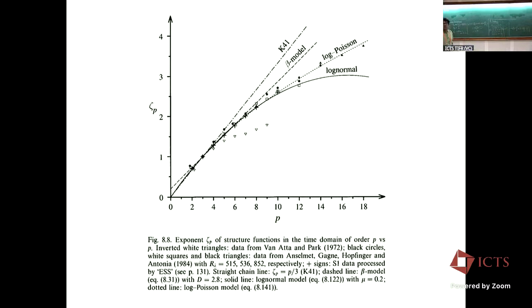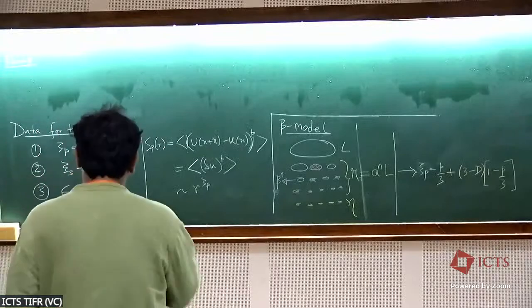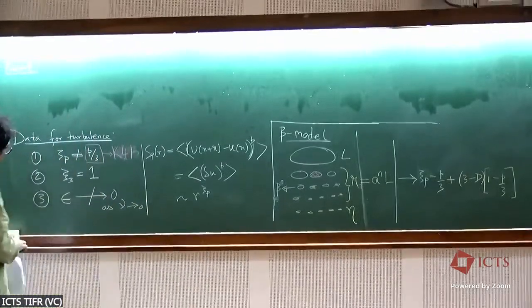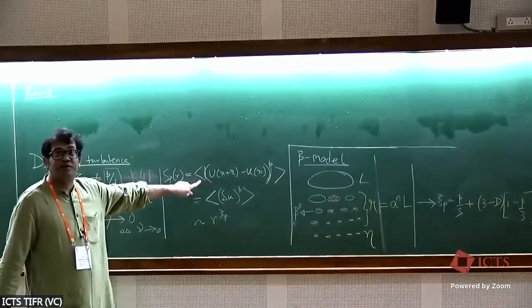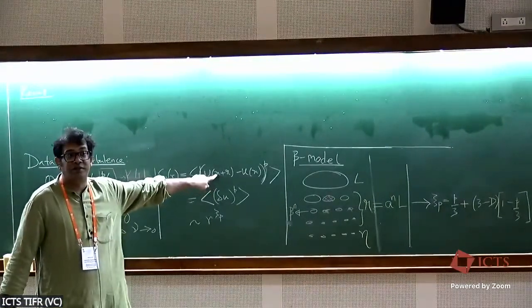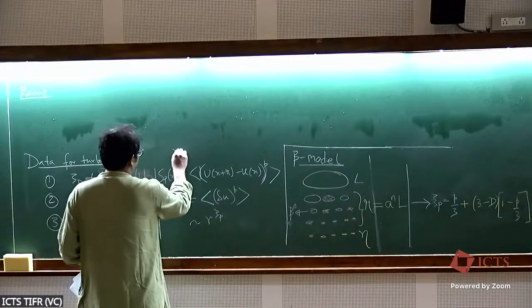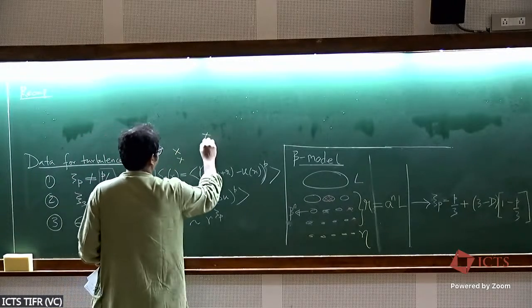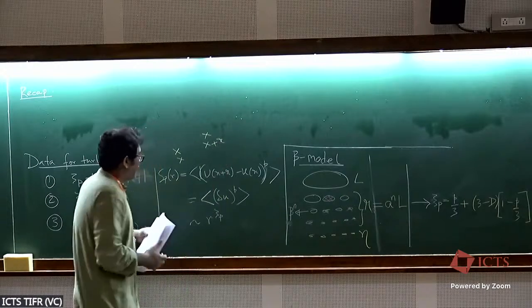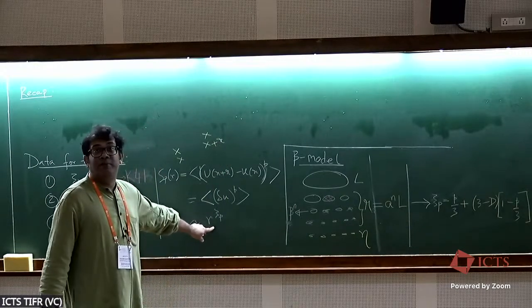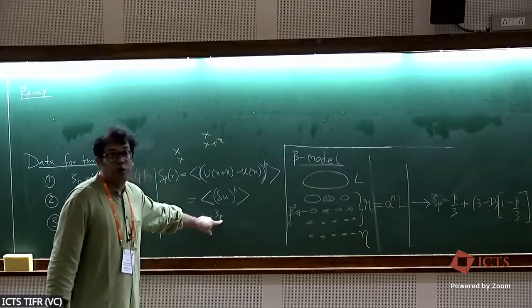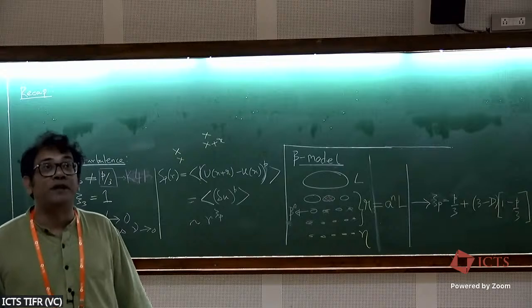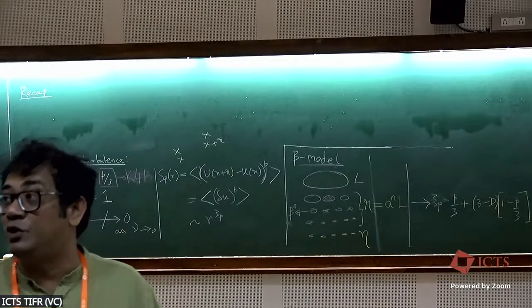So what we are trying to explain as far as the theory for turbulence is concerned is the following. We had seen that when we looked at this object, which is taking the pth power of the velocity difference between any 2 points at x and x plus r, some sort of scale invariance or self-similarity suggested that you had this going as a power r to the power something, where the label p just says that I'm going to take the pth power.